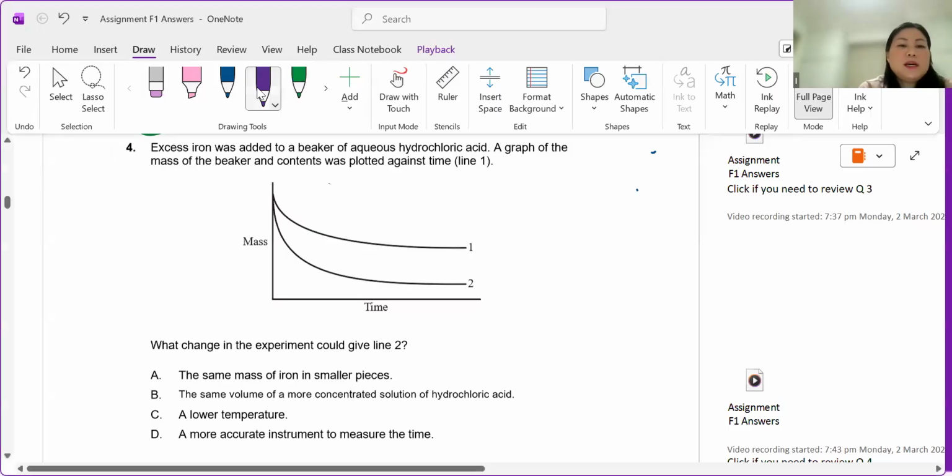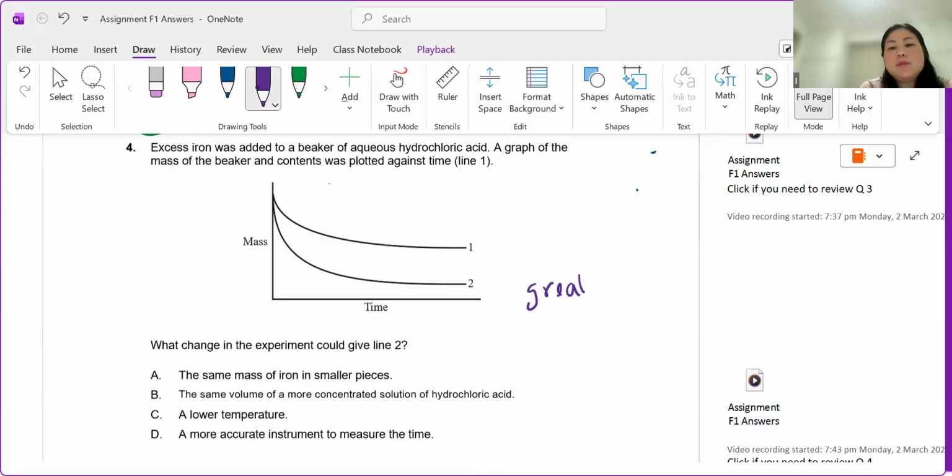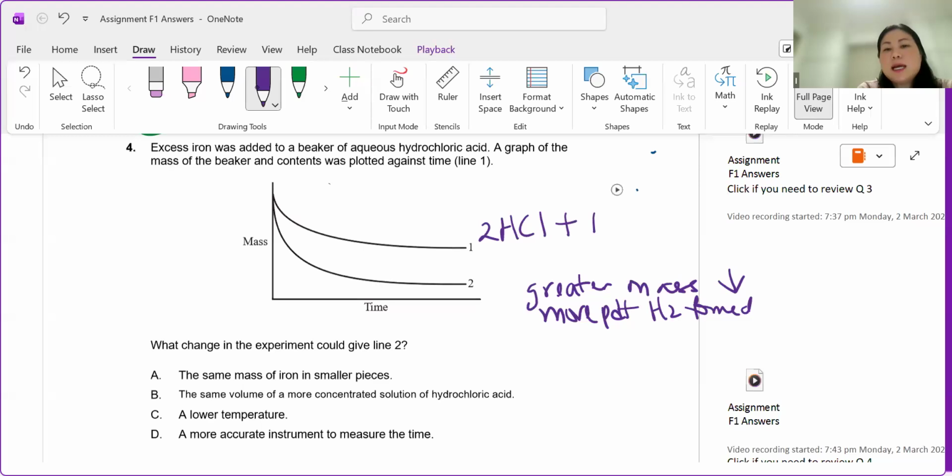Question 4 over here, we are seeing two changes in this picture. From line 1 to line 2, we are seeing a greater mass drop. And the mass drop comes about from more hydrogen gas formed, because the reaction was HCl plus iron to give you FeCl2 plus hydrogen gas.